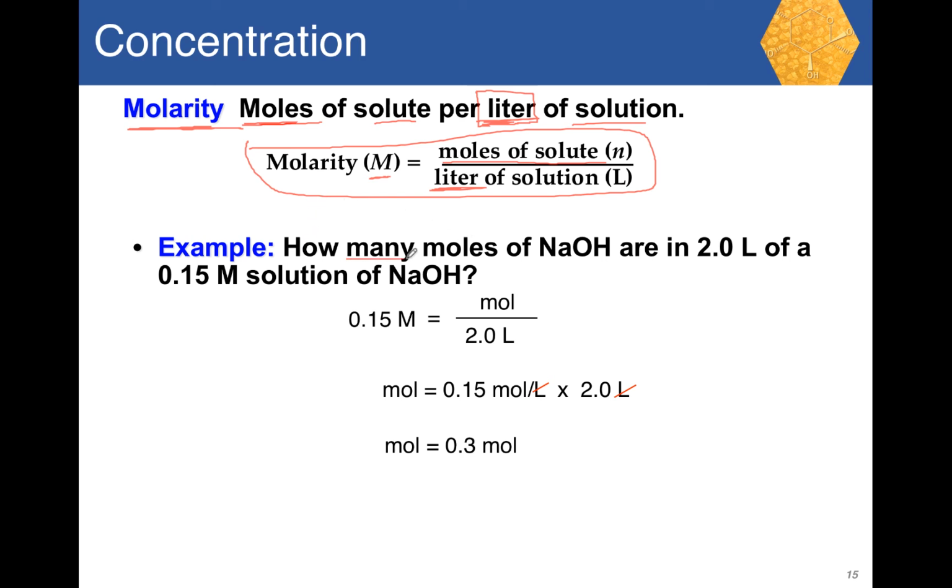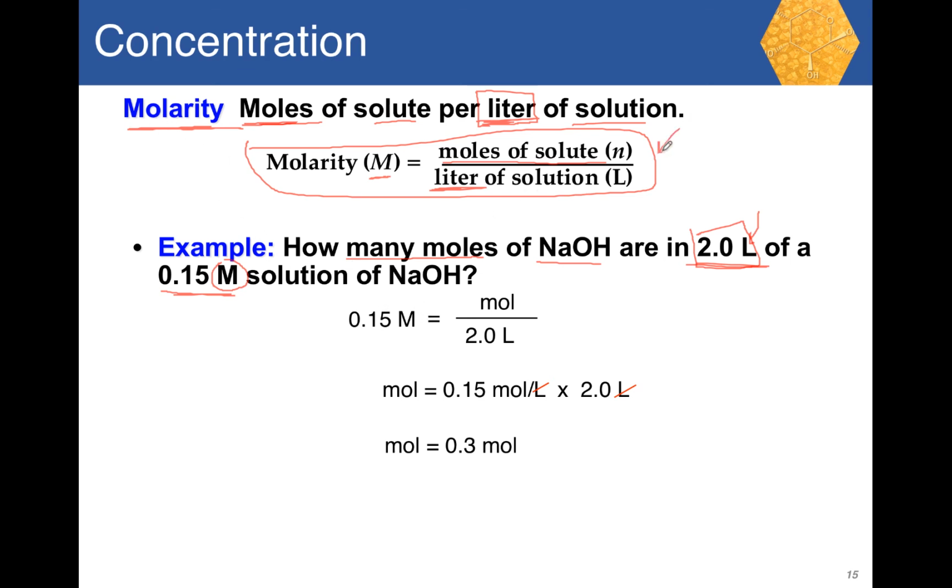How many moles of NaOH are in 2 liters? Notice here 2 liters. So liters is given of 0.15 molarity. Notice again, this is big M, so that means molarity.